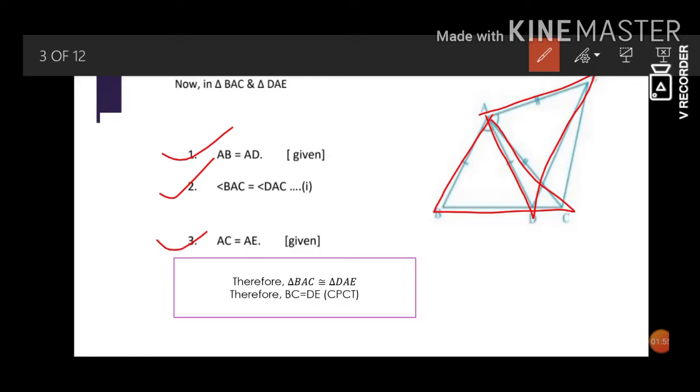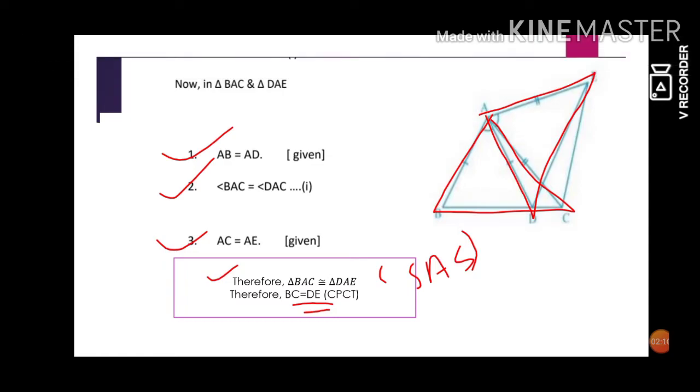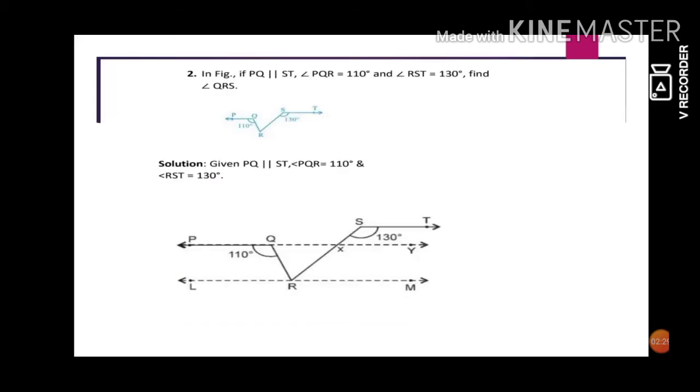So we can say therefore the triangles are congruent by the side angle side congruency rule, and with it the sides BC and DE are equal by CPCT, corresponding parts of congruent triangles.